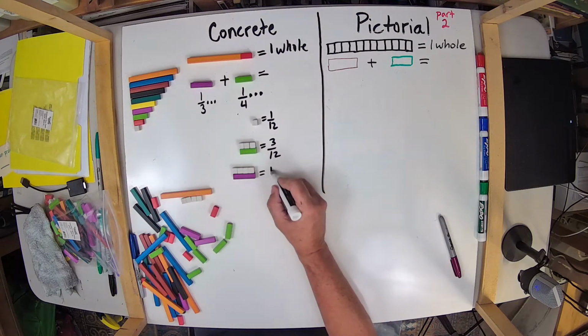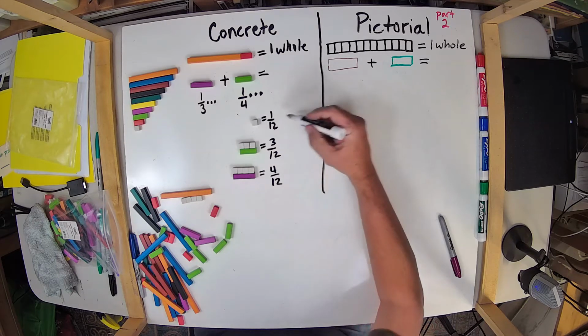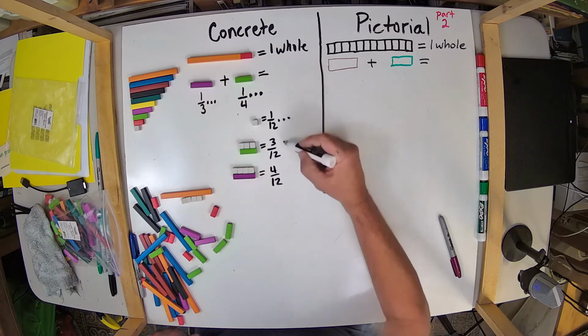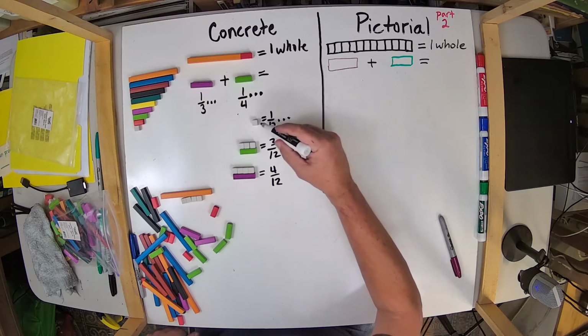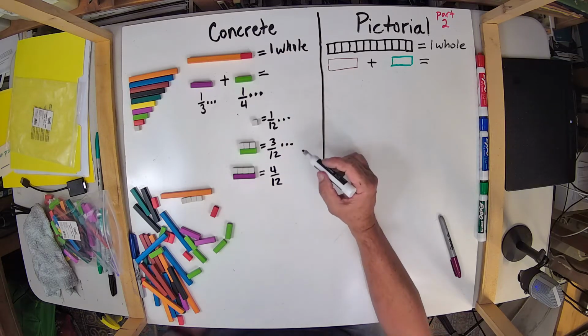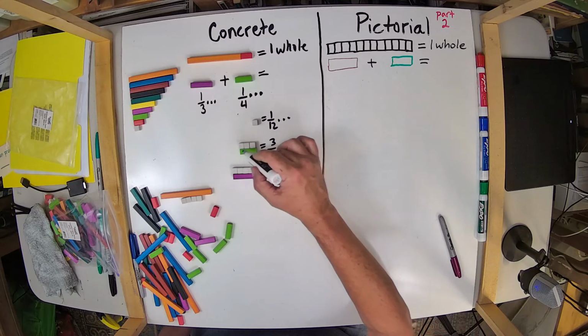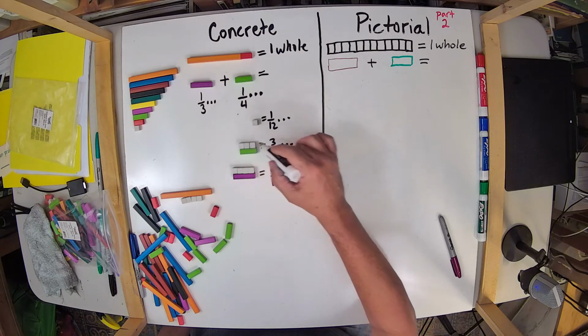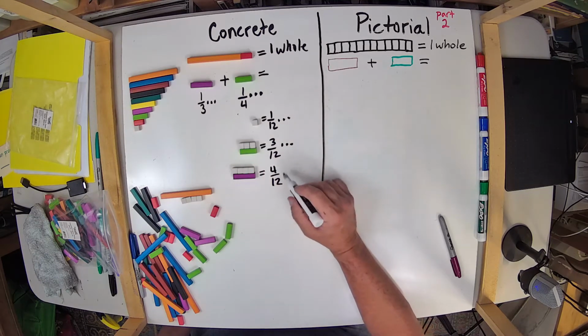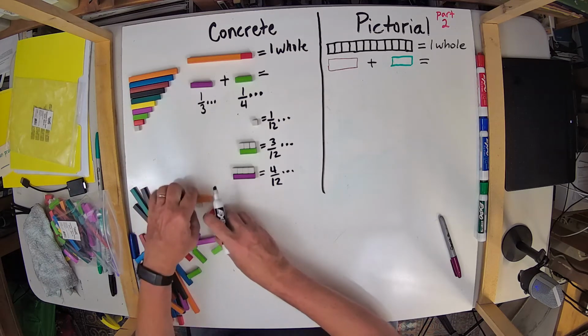Each of these times, I want you to give the reasoning, for example here, because 12 equal pieces are equivalent to one whole, and because it's 3 blocks each with a value of 1/12, that makes it 3/12, and similarly for 4/12. So you get the idea.